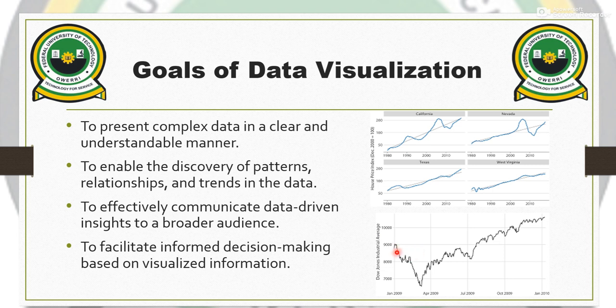You discover that from 1999, what we're looking at here is the Dow Jones Industrial Average. Now we look to see how the trend continued to drop between January and April 2009 until it got to the lowest level, and then it began to rise again, and so on and so forth.